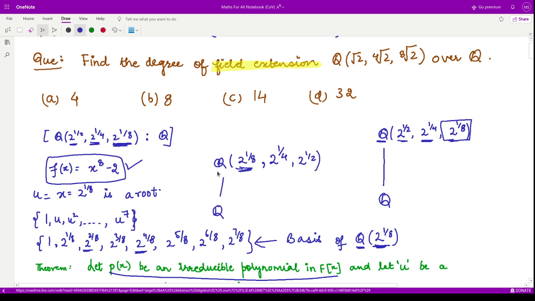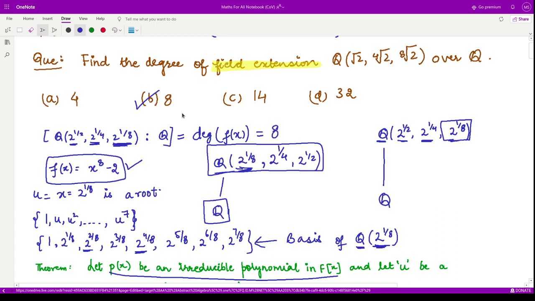Thus, the degree of this extension field over the field of rational numbers comes out to be the degree of this irreducible polynomial f(x), and this is equal to 8. So our answer here would be option B.